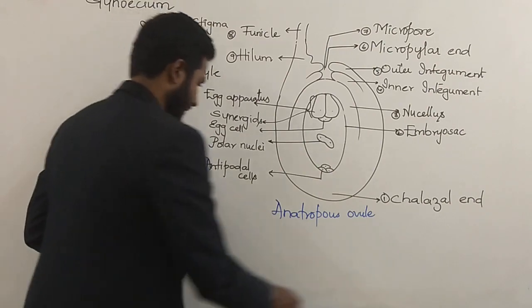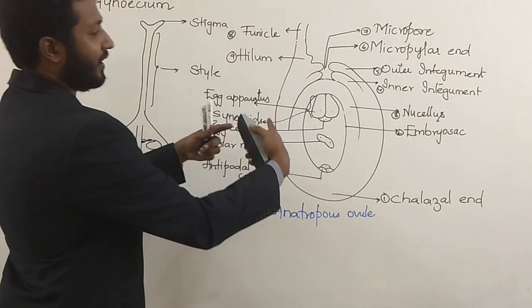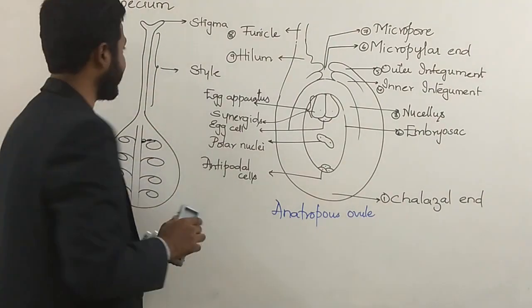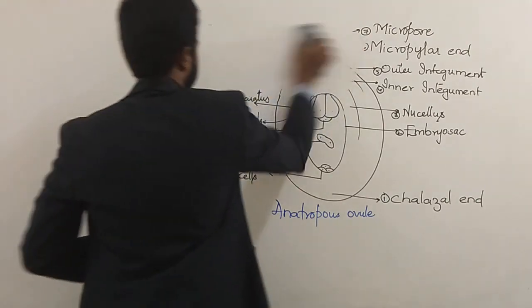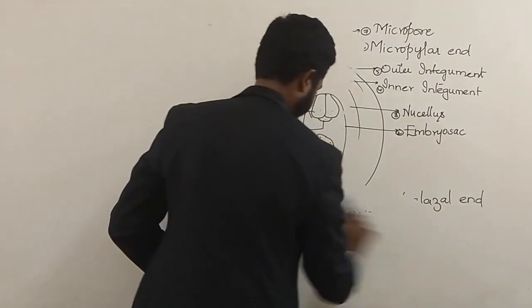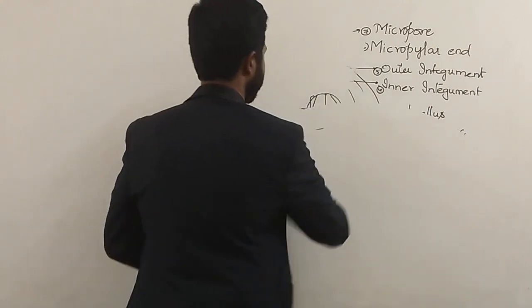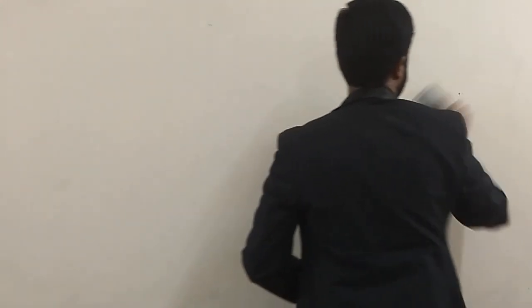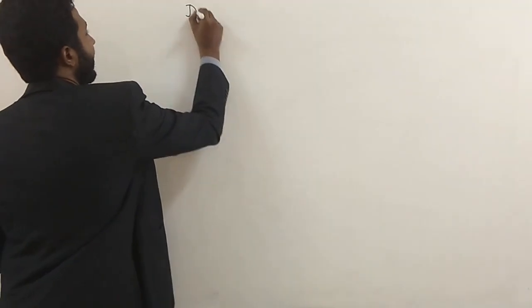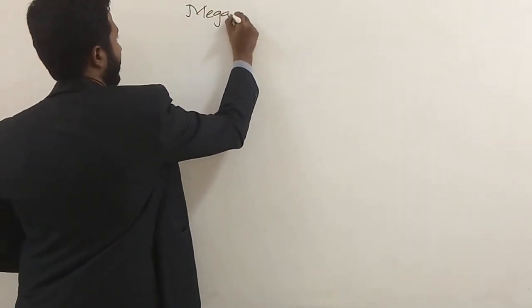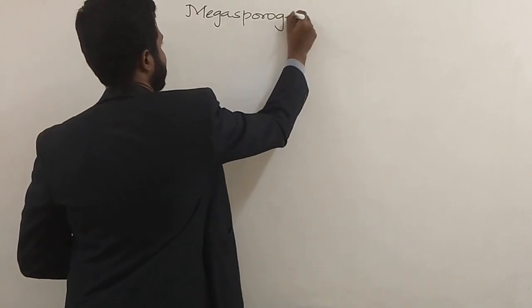Now, moving ahead, let us analyze how this structure is developing. Then I'll talk about different types of ovules. Now the process where this ovule is going to develop with embryo sac is known as megasporogenesis.